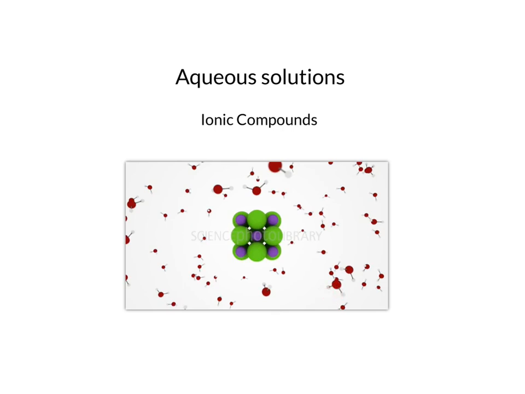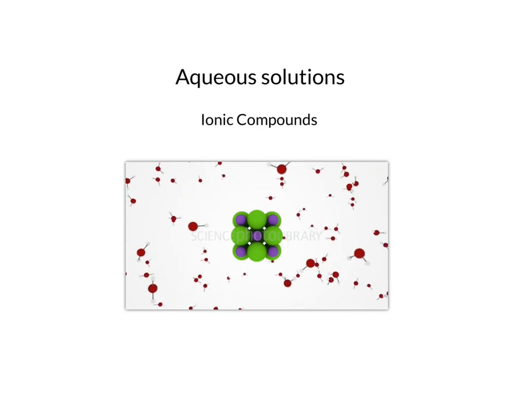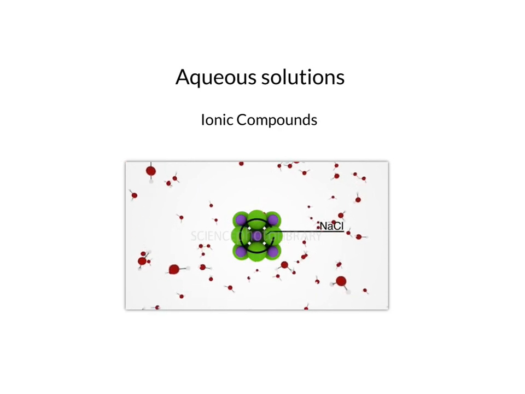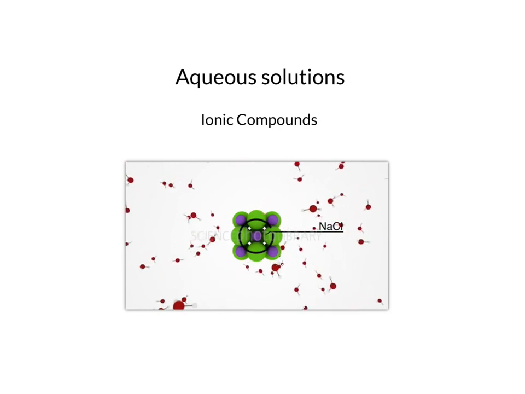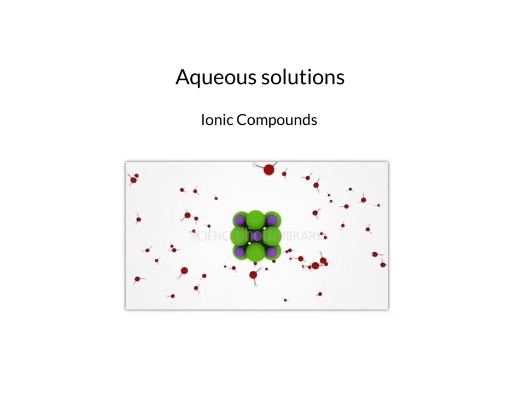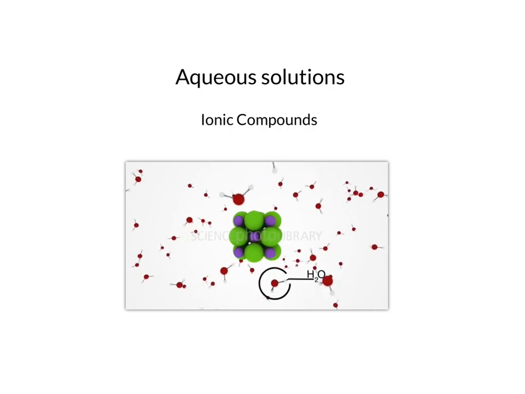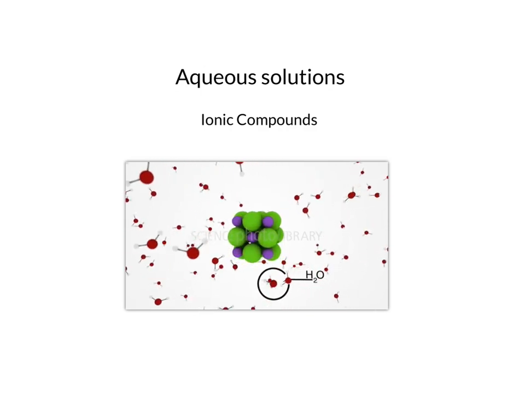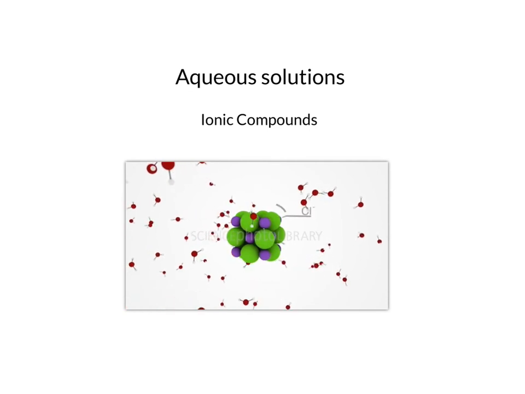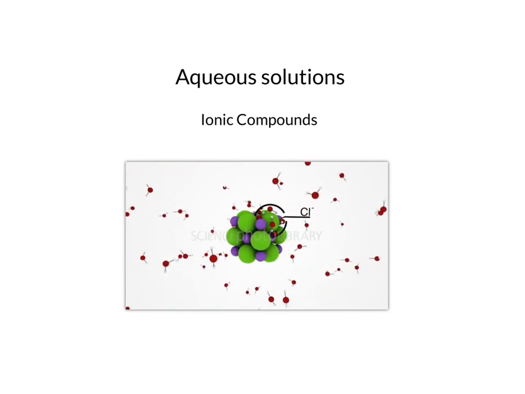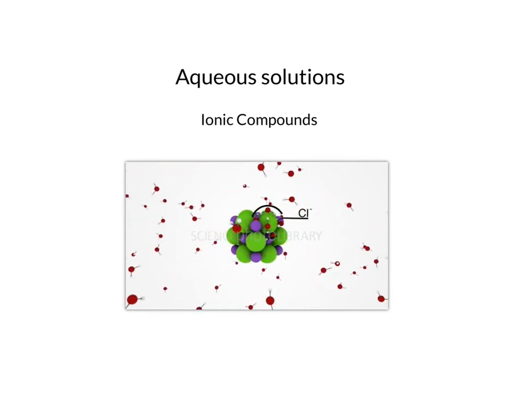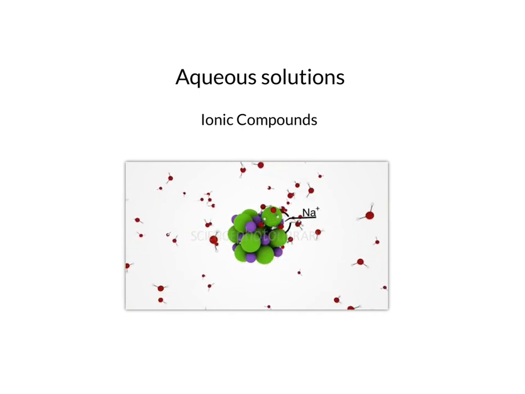When I put that into water, what happens is that the water molecules will surround the separate ions of sodium and chlorine, and eventually what you will see is that the sodium and the chloride ions begin to be surrounded by the water and removed into solution.